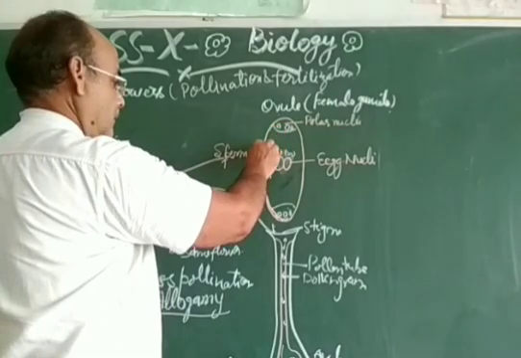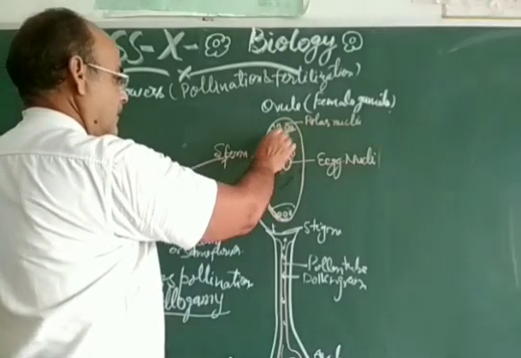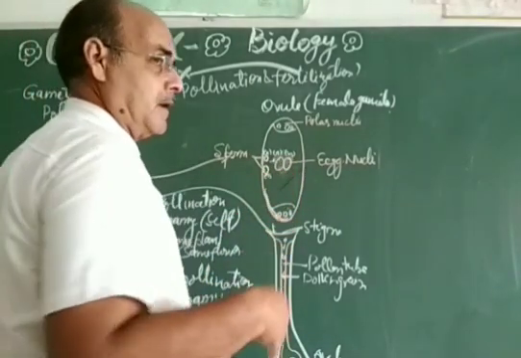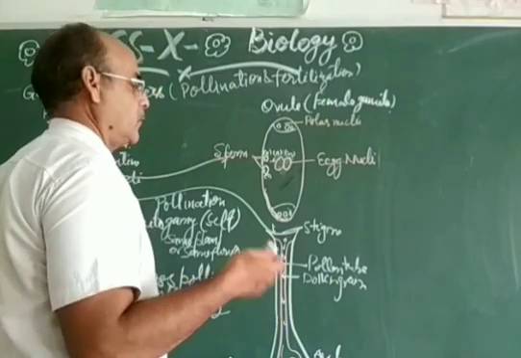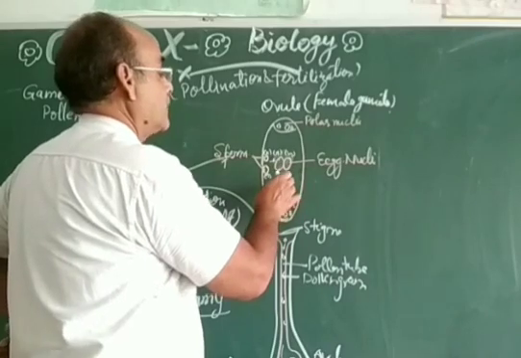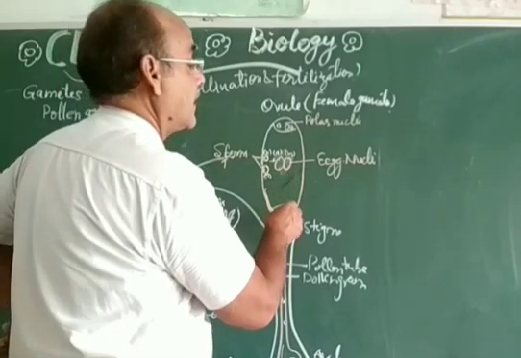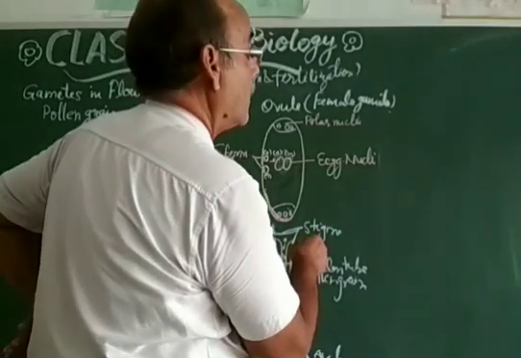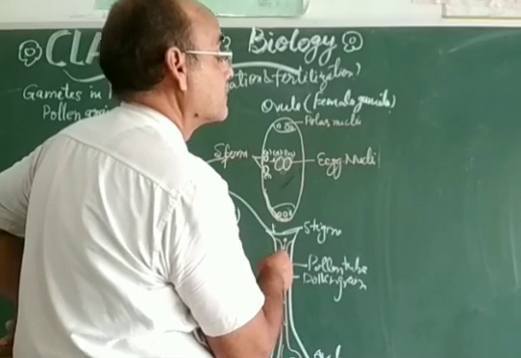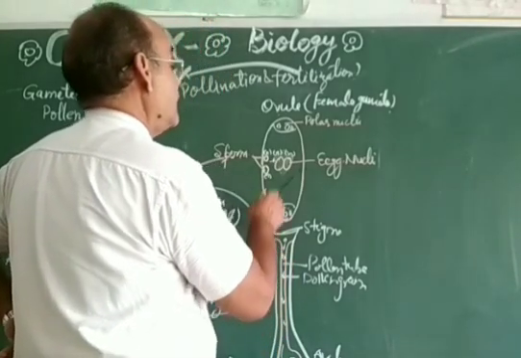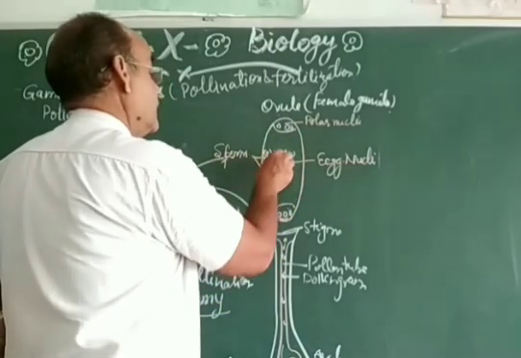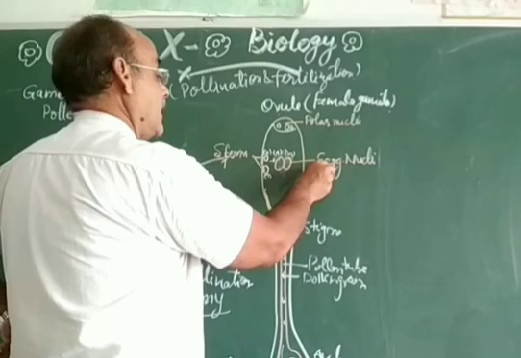This is the ovule. The ovule has several nuclei. These are the polar nuclei, which help in the nourishment of this egg, this ovum, and there are two egg nuclei.